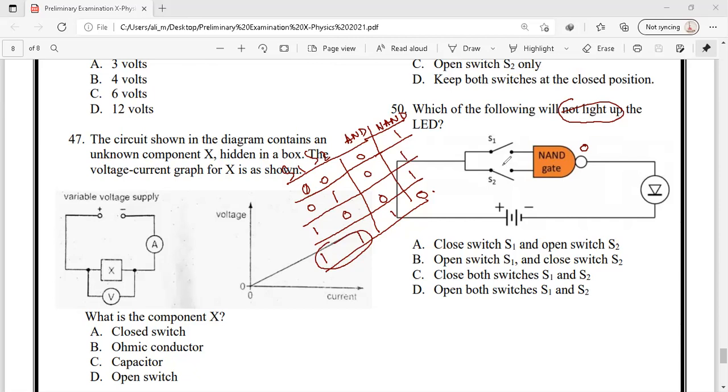A closed switch equals 1, and an open switch is 0. So to get the output 0 from the NAND gate, both switches S1 and S2 should be closed. So option C is the correct answer for the last question of this examination paper.